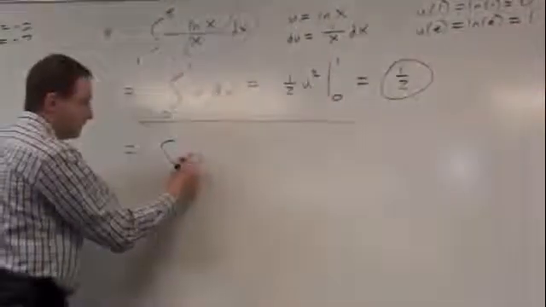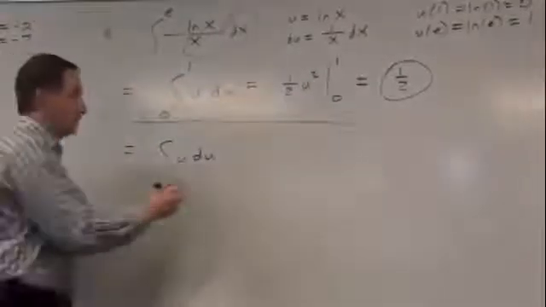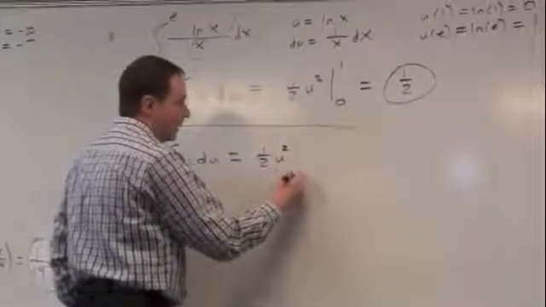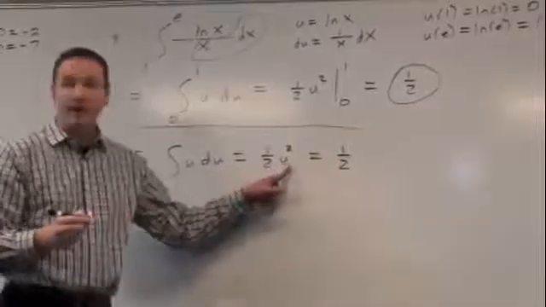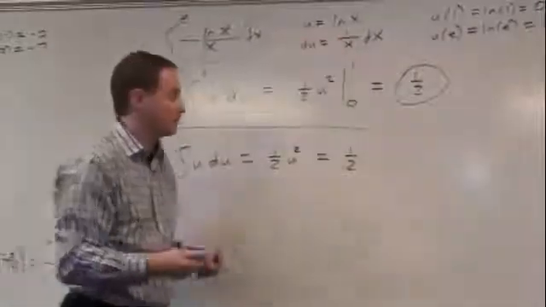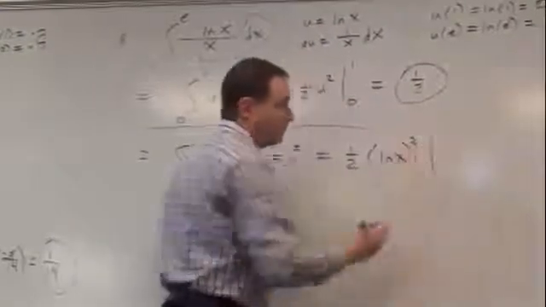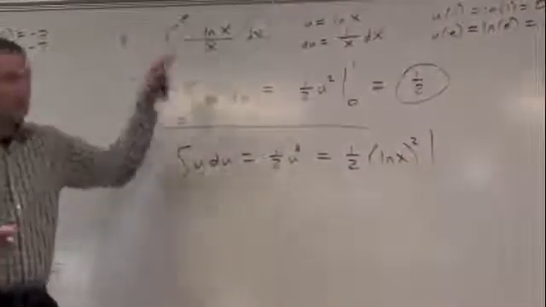You'd have said, it's still the integral of u du without any limits of integration, and that's equal to 1/2 u squared. Then you'd have put back in what u is. U is the natural log of x. Then you're integrating that in terms of x, which is 1 to e.